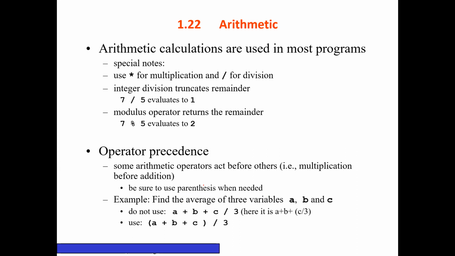Then we are moving to arithmetic calculations. Addition, subtraction, multiplication, division are the four basic mathematical operations which we perform in our calculations. And in C++, we have one more operator called the modulus operator. You can use a star for multiplication.